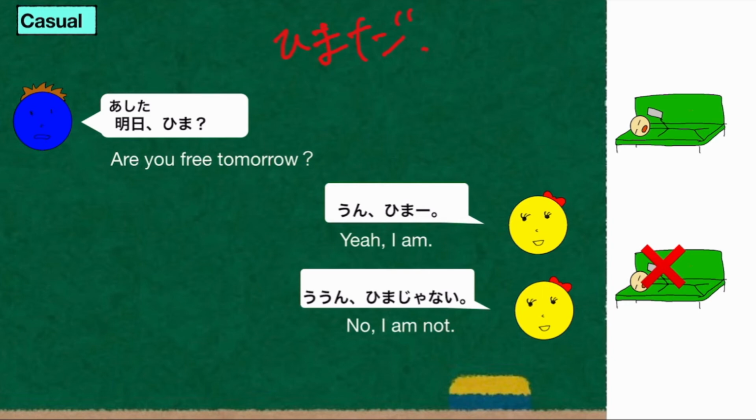But when we make a question, we delete だ, and we change the intonation. So, 明日暇? If it's yes, Fatima-san says 暇. If it's no, Fatima-san says 暇じゃない.